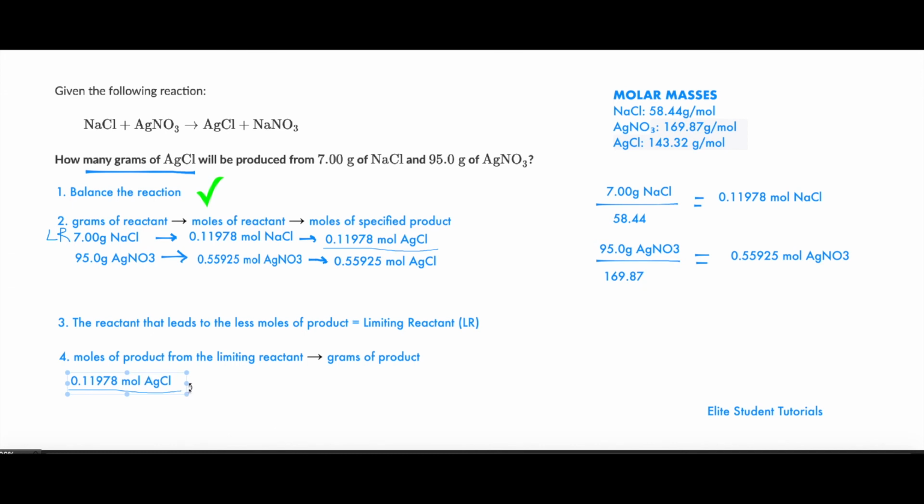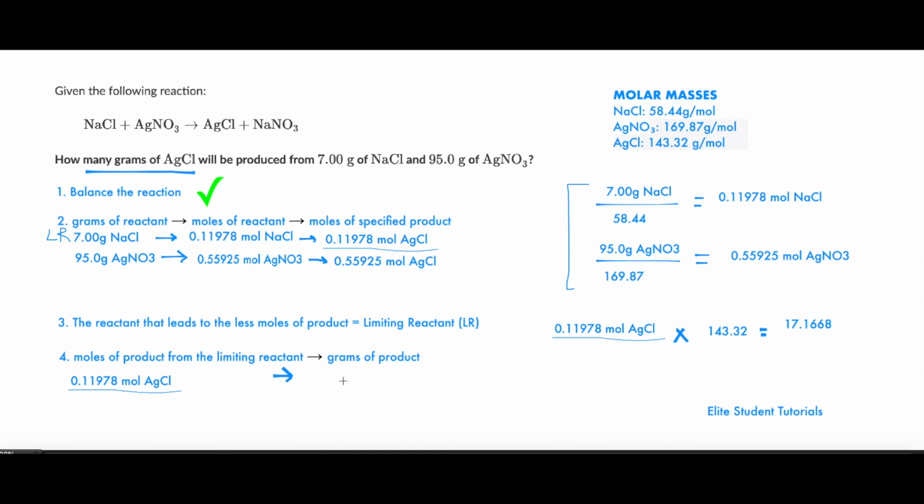Alright, so now to convert moles of AgCl to grams of AgCl, we actually do the opposite of what we did right here. We take the moles and we multiply it by the molar mass. This will give us grams of AgCl. That comes out to be 17.1668.